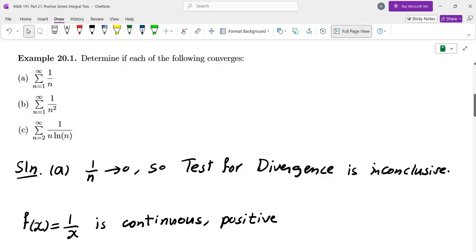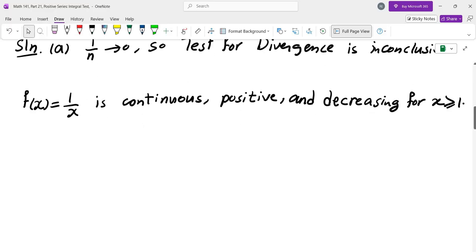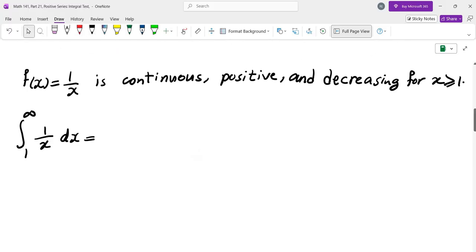So over that interval from 1 to infinity, it is positive, and decreasing because the denominator x is increasing, so 1 over x is decreasing for x greater than or equal to 1. So we're going to integrate this from 1 to infinity, 1 over x dx. If this becomes a finite number, the series is going to converge. If this becomes infinity, then the series diverges.